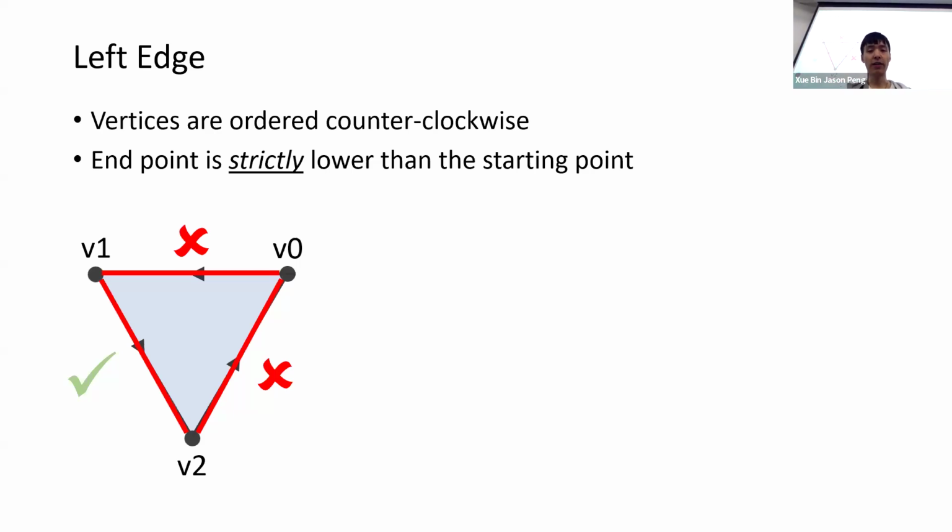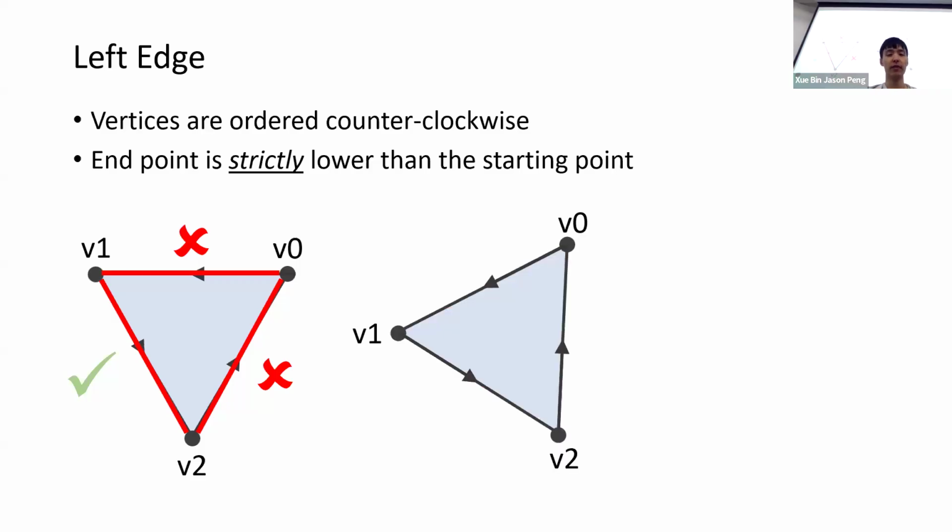Okay, next, let's look at a different triangle. In this case, the edge connecting V0 to V1 will be considered a left edge because the endpoint V1 is lower than V0. So this checks out. For the edge connecting V1 to V2, the endpoint V2 is again lower than V1, which means that this also counts as a left edge.